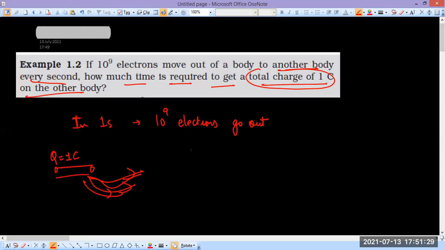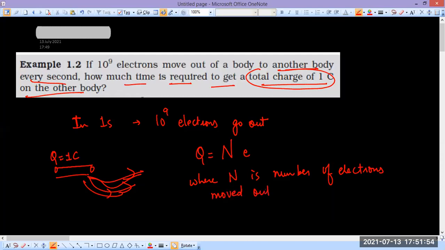So first of all, let's find out how many electrons are required. We can say that if you have got a charge Q, then one electron has a charge e. So n electrons will have charge Ne, where n is number of electrons lost, or moved out. Did you understand this, everyone?